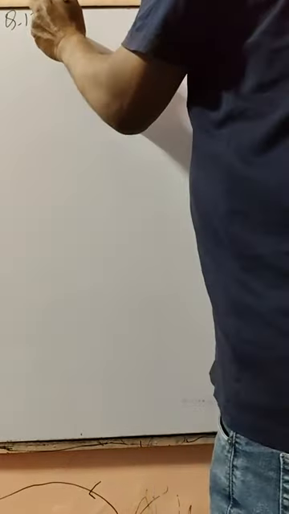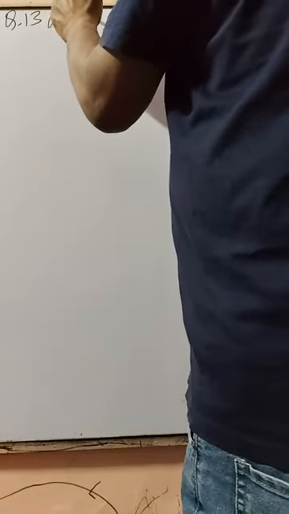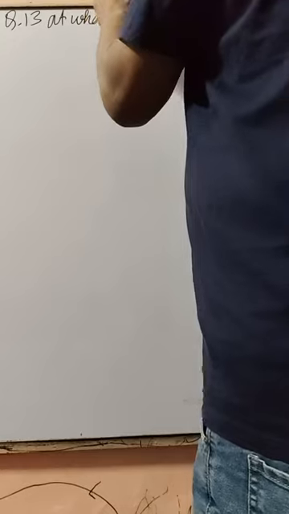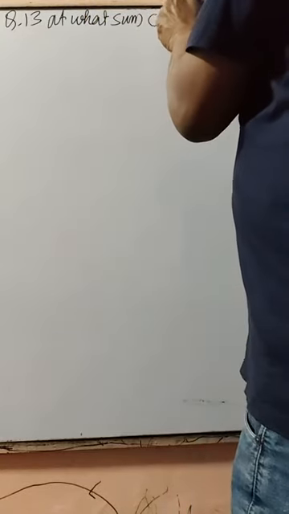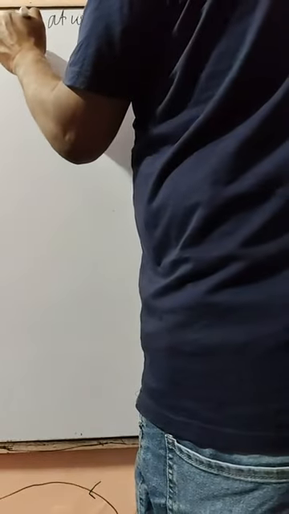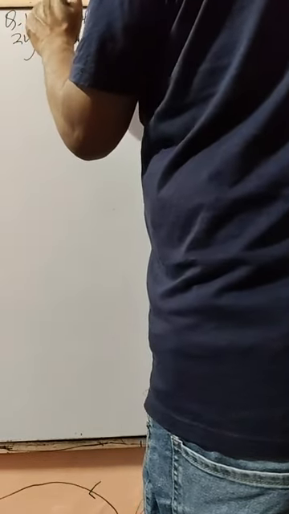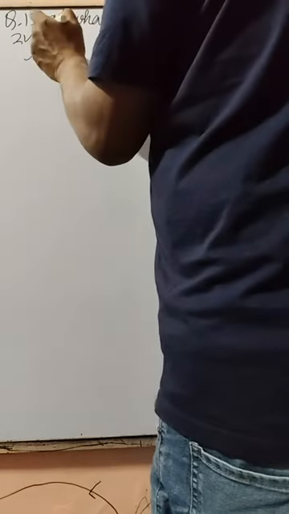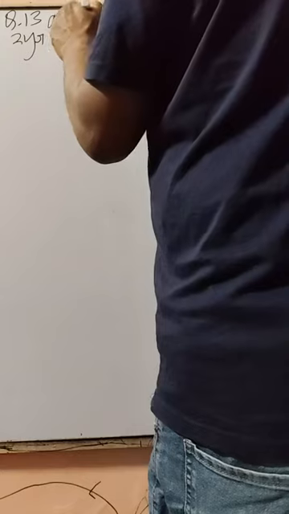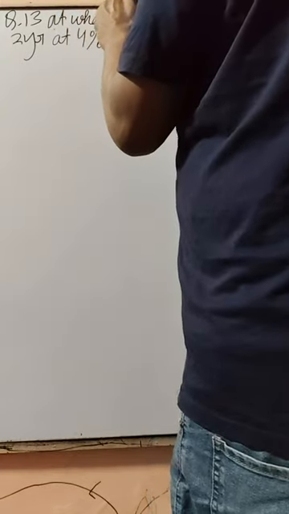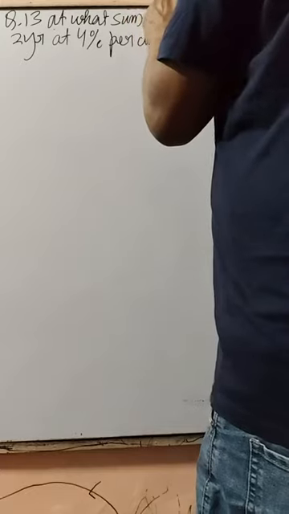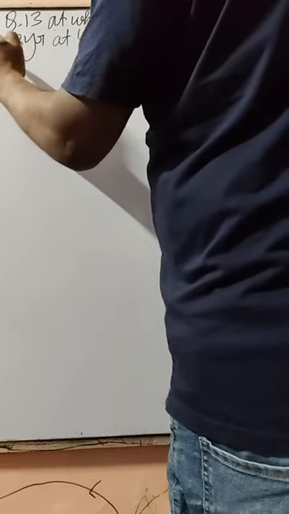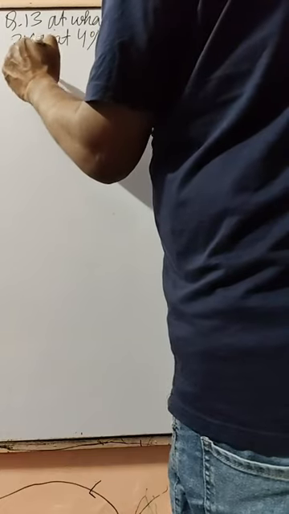Question number 13. At what sum will the compound interest for 2 years at 4% per annum be 5,712 rupees?